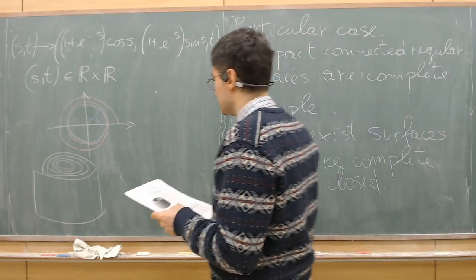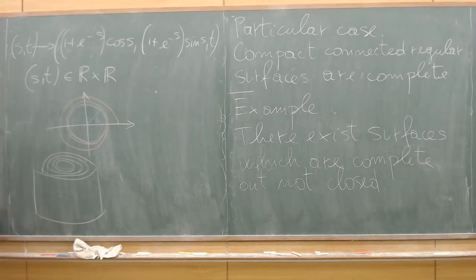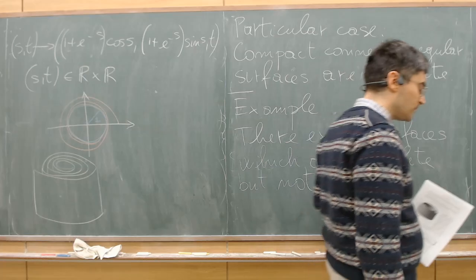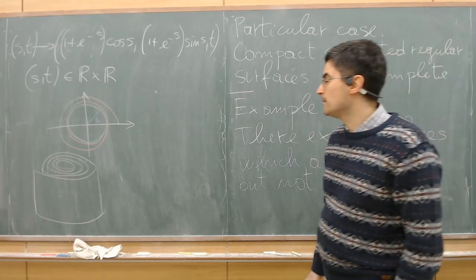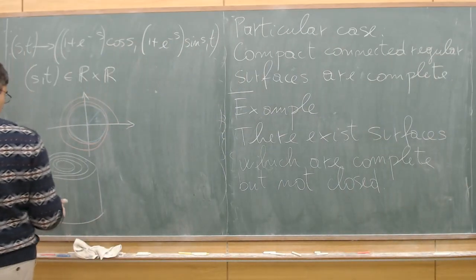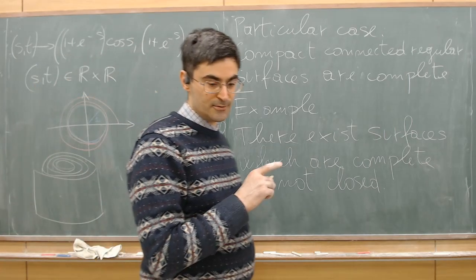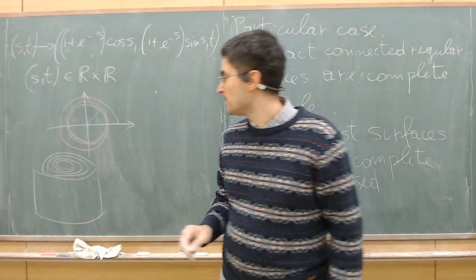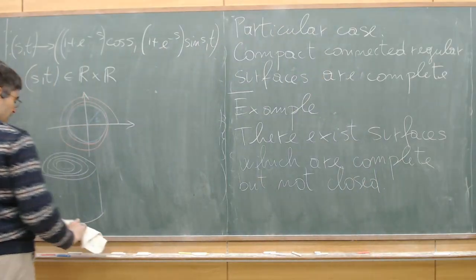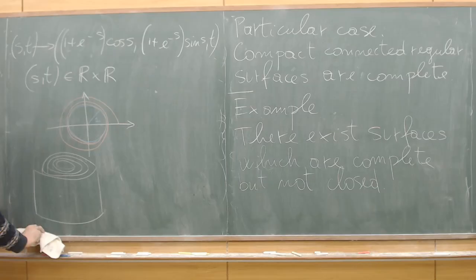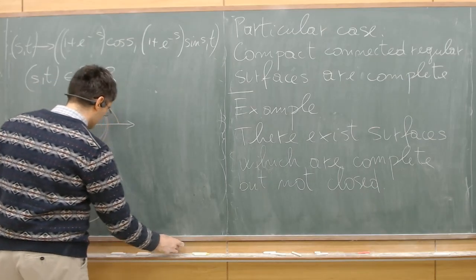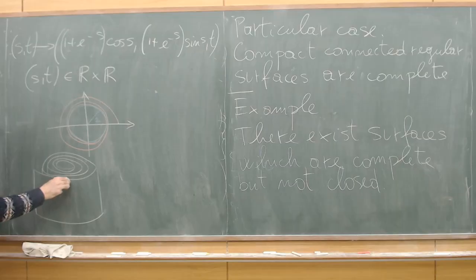So precisely, this surface is complete. For example, you can prove it using the fact that the geodesics are defined on R. The geodesics of this surface are vertical lines like this.